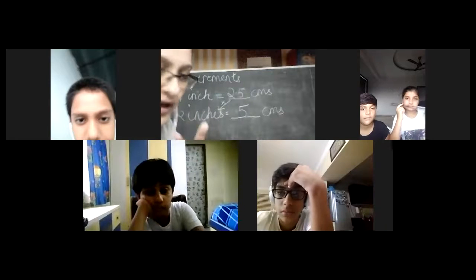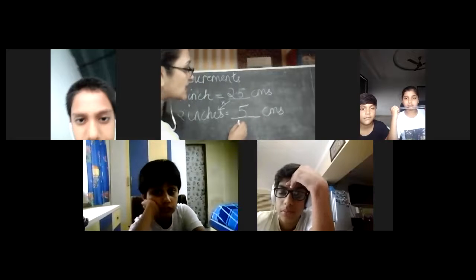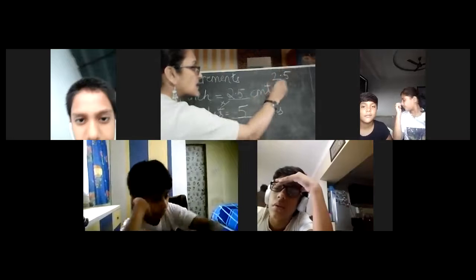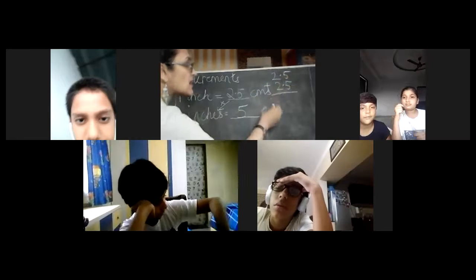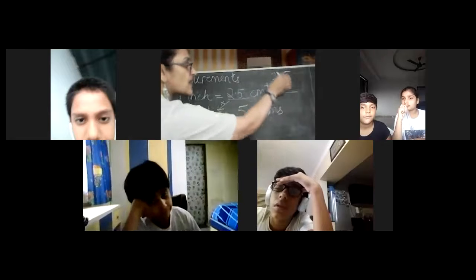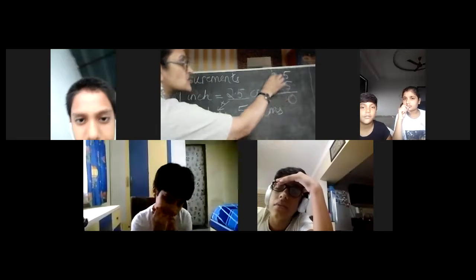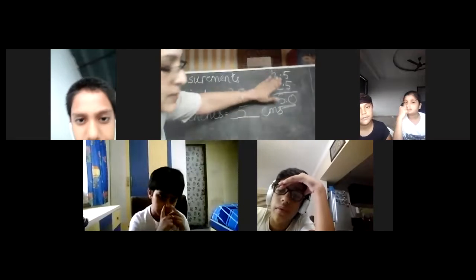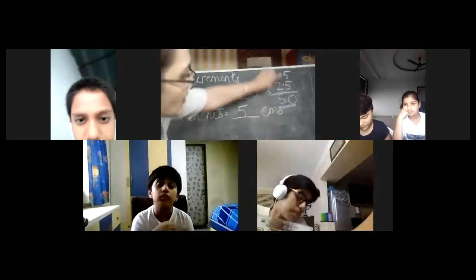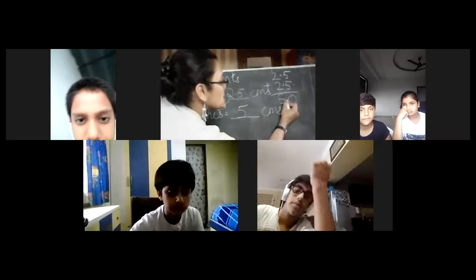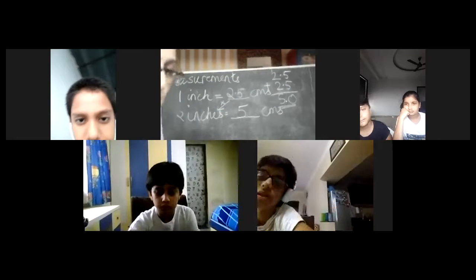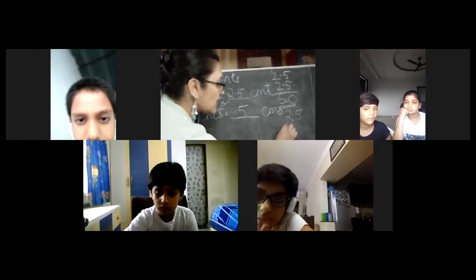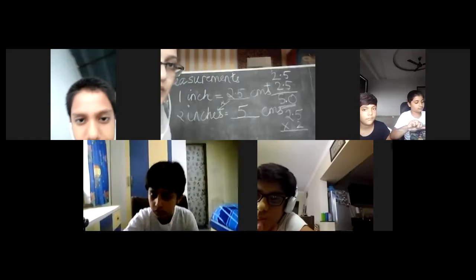Can you see where I'm writing? 2.5 plus 2.5, how much is it? 5 plus 5 is 10. 2 plus 2 is 4, plus 1 is 5. 25 plus 25 is 50. Bring the decimal in the center. 5.0, 5 centimeters.